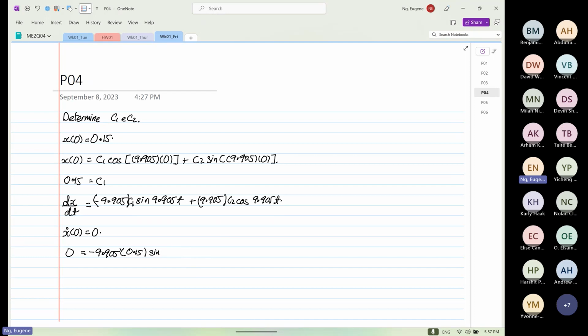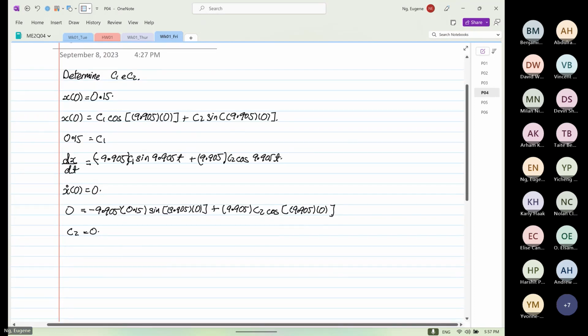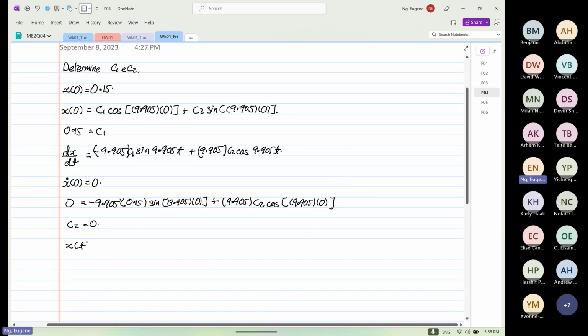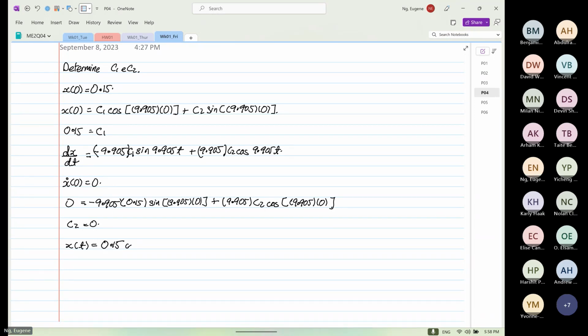So this term over here is equal to 0, plus 9.905 multiplied by C2 cos of 9.905 multiplied by 0. So C2 is equal to 0. So to end this, x as a function of time is equal to 0.15 cos 9.905 t meters.